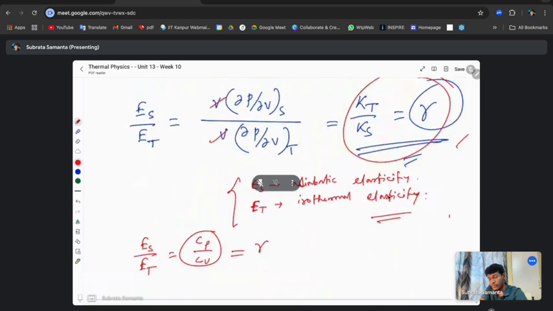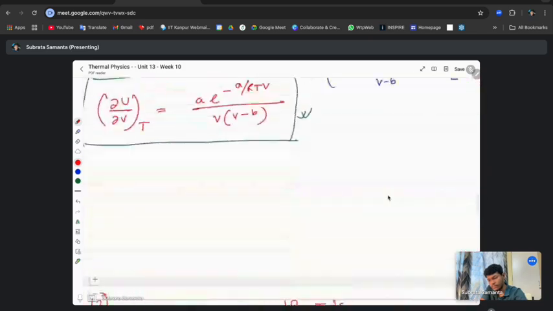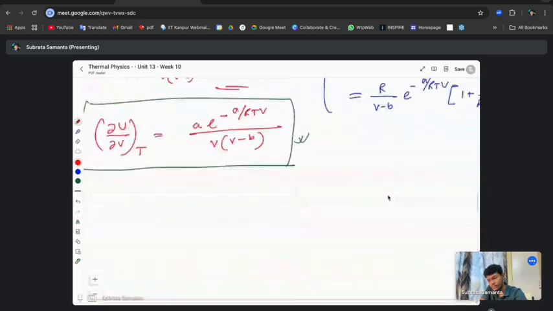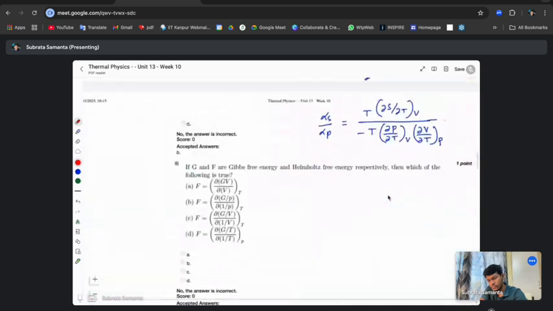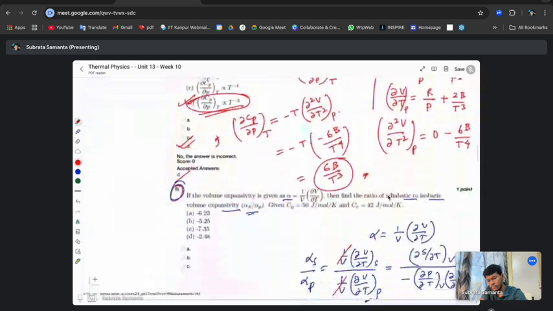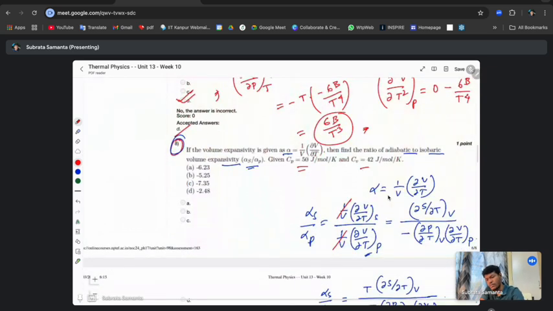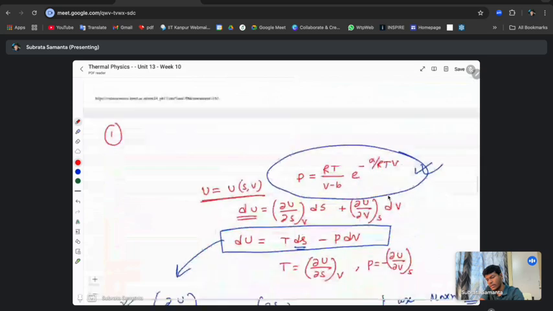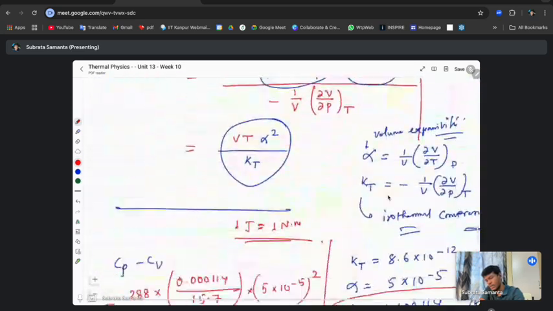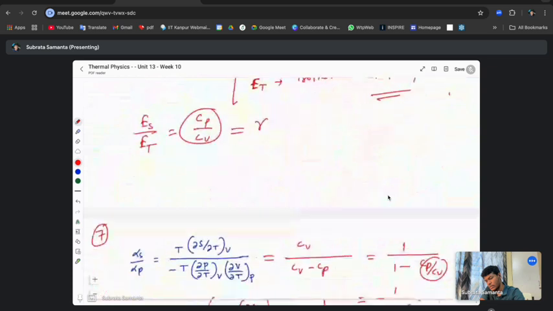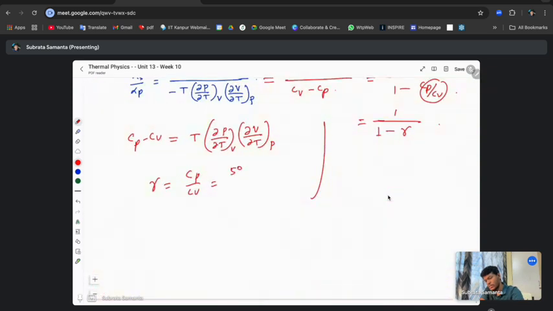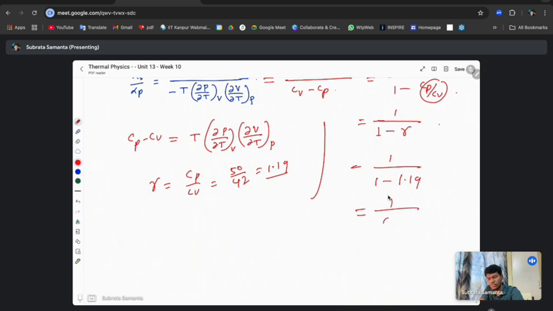If you go back to the problem, Cp is 50 and Cv is 42, so the gamma value is 50 by 42, that is 1.19. So this is 1 by 1 minus 1.19, so 1 over 0.19 with a minus sign.